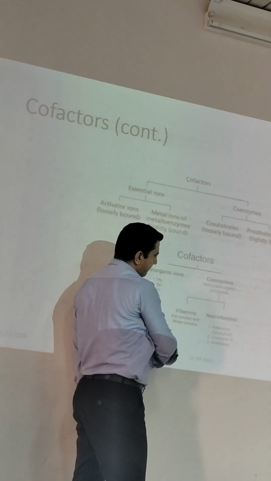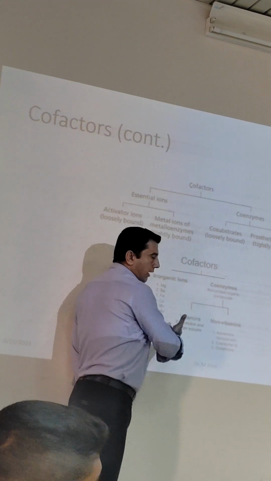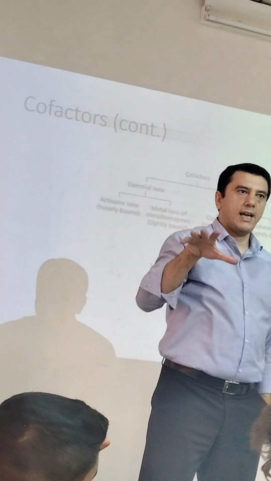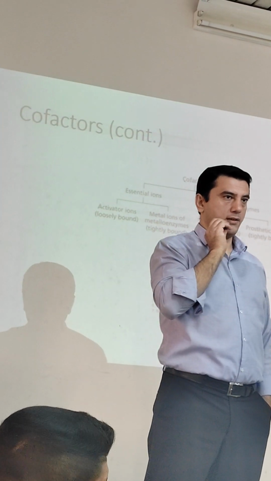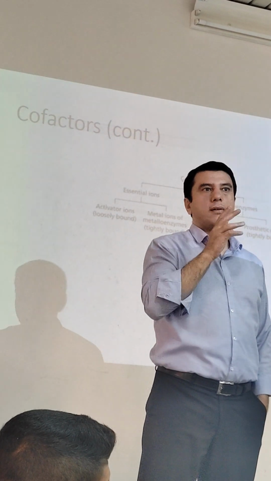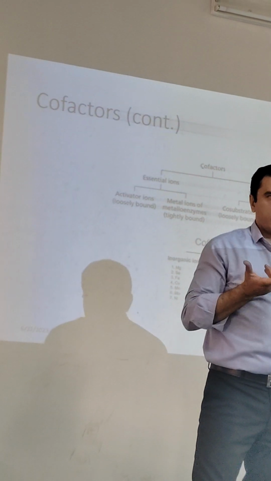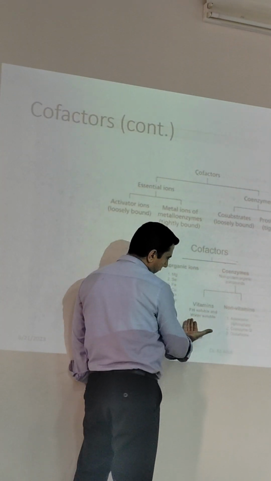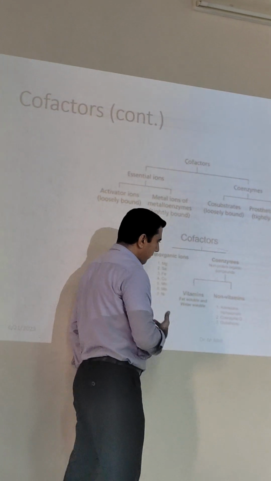About coenzymes, the non-protein part of the enzyme, let me tell you that all coenzymes are vitamins. So we need vitamins for enzyme reactions in our body. We have some examples, for example fat-soluble and water-soluble vitamins.